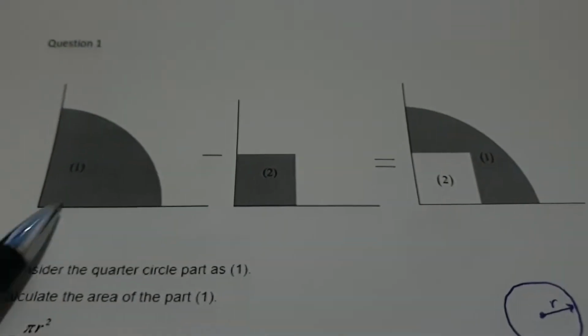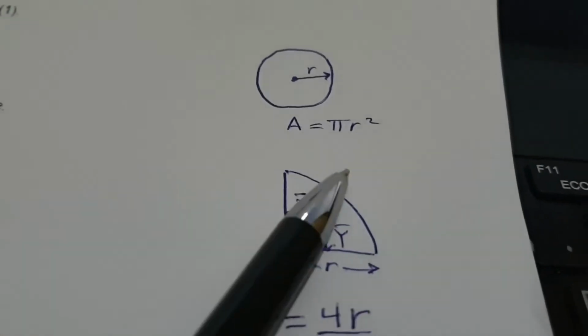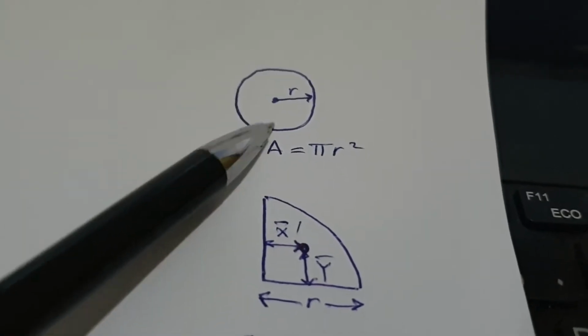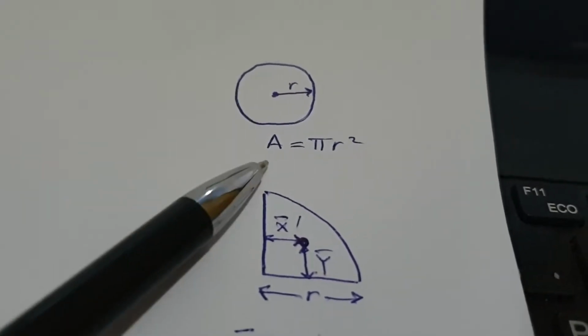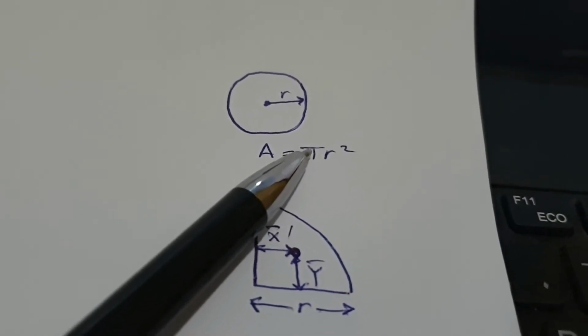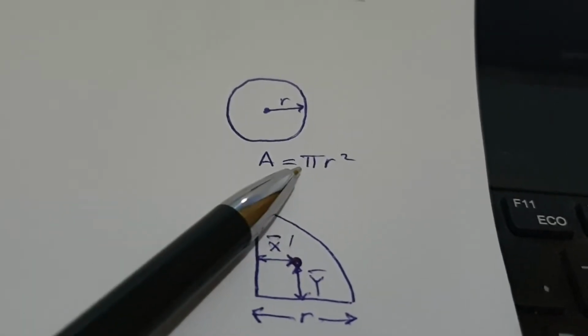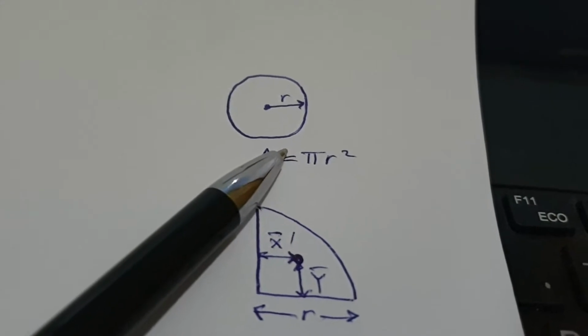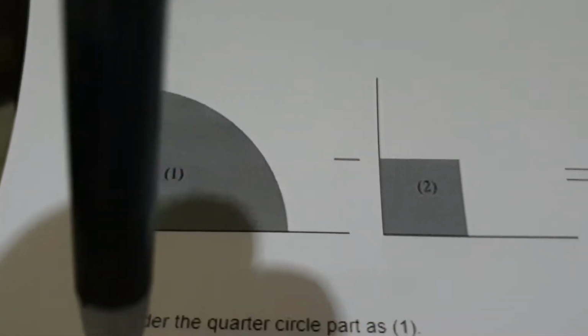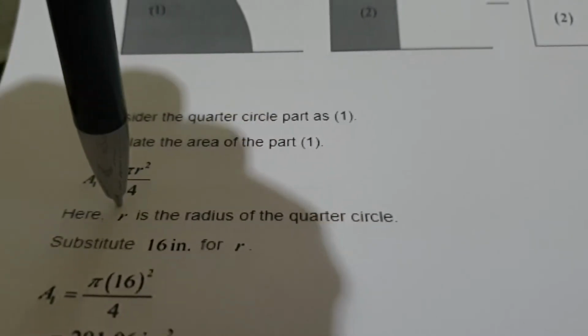What is the area of a circle? We know that the area of a circle is equal to pi r square. So if you have a circle with a radius, the area is pi r square. Now, what is the area of 1/4 of a circle? It is pi over 4 r square. So the area of the fourth circle is pi r square over 4.